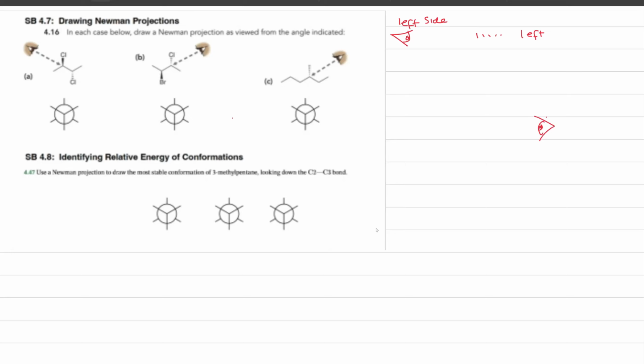When the eye is on the right side, that means your dash will be right of circle, and the wedge will be left of circle. The circle is always the back carbon.